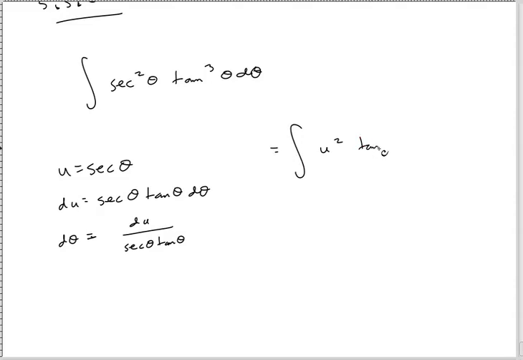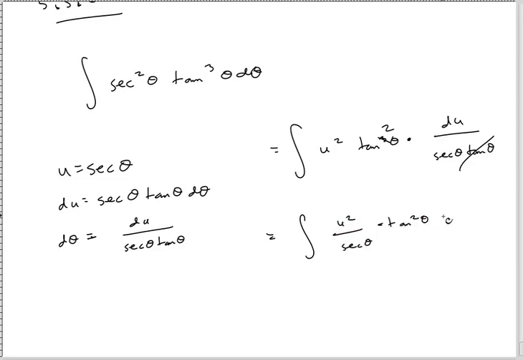I have a tangent cubed, which I don't know what to do with. And then I have this du over secant tangent. Interestingly, one of these tangents will cancel with that. So I got u squared over secant theta times tangent squared theta du.